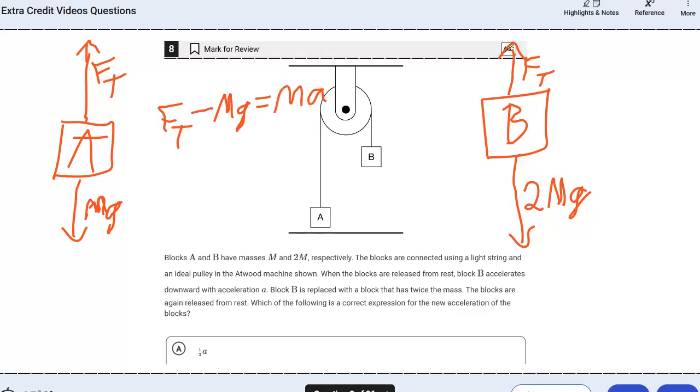For block B, we would do 2mg, the stuff making it go, minus our tension force, the stuff making it stop. That equals 2ma.